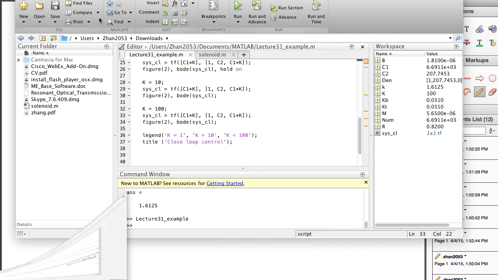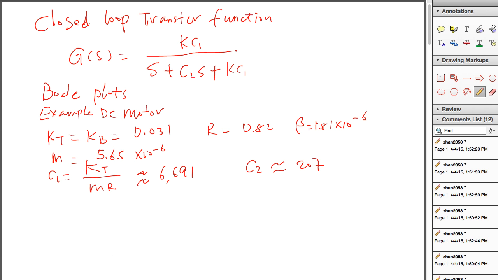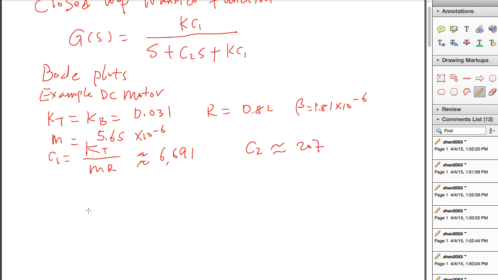Okay, now another way to look at this system is to do more analysis. What we are trying to see is we have roots for the second order system, and for the poles, we try to find out if we have different K, what kind of poles it will look like.